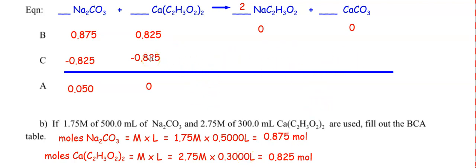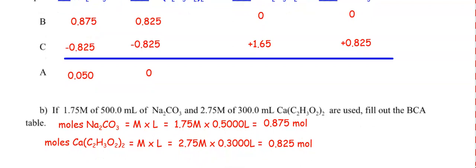So what's 0.825 divided by 1 times 2? That wasn't too bad. What's 0.825 divided by 1 times 1? Well, that's even easier, isn't it? All right. And so now I just have to add a few things, all right? And so I get 1.65 here, and I get 0.825 here. So I filled out my BCA.